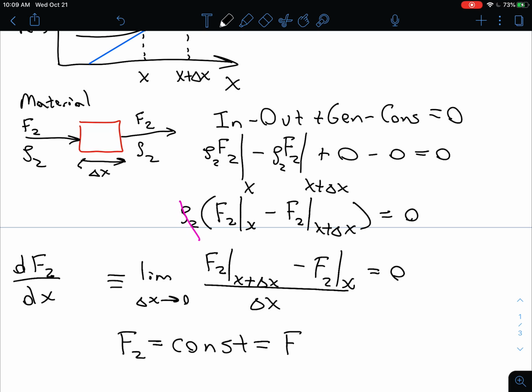We could call it F2 in, the input flow rate of stream 2. But really, it's just an acknowledgement that if density is a constant for this system, then so is flow rate. So we relaxed the assumption that flow rate was constant, and the math forced us to do this.